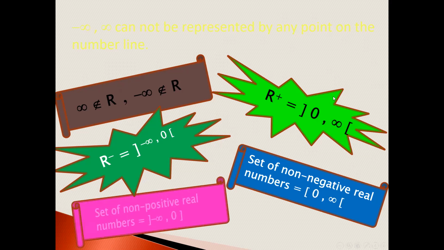Okay. The set of non-positive real numbers means that I don't have the positive numbers. So it will be negative infinite open and 0 closed. Why is 0 closed? Because 0 is neither positive nor negative, so it is included in the non-positive real numbers.